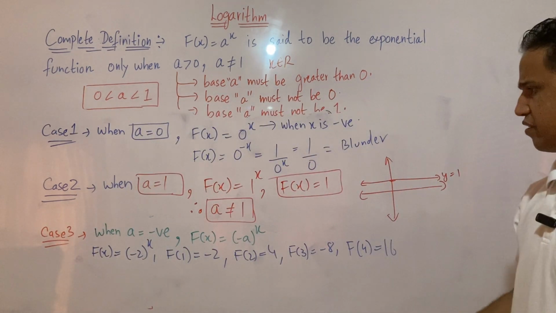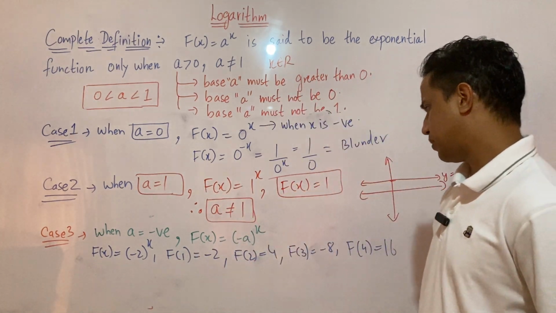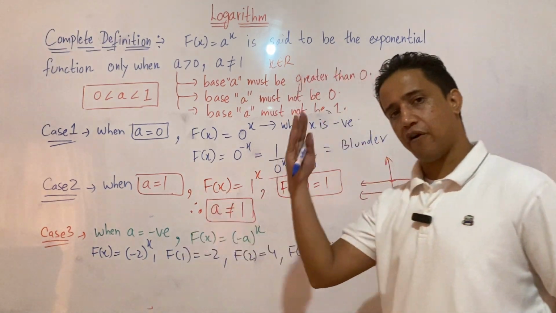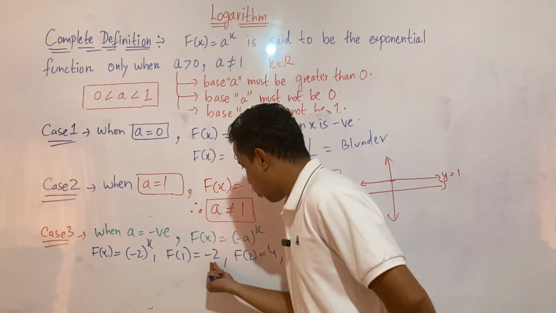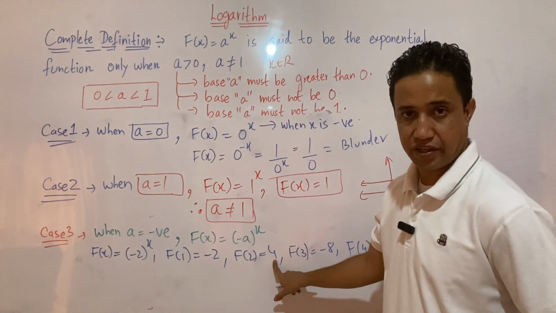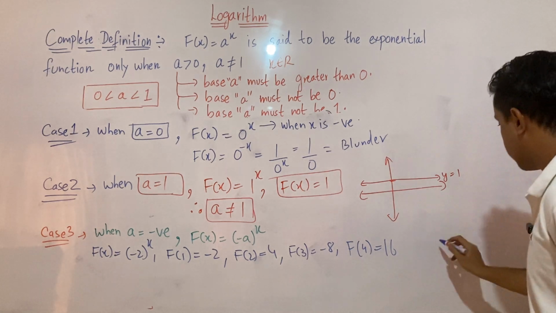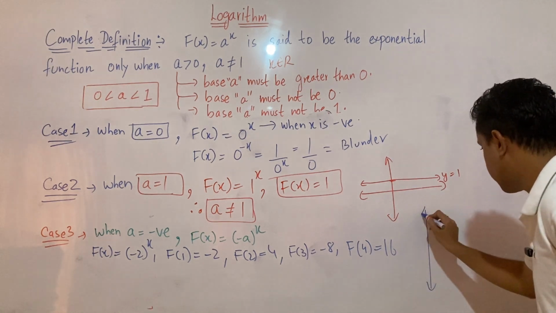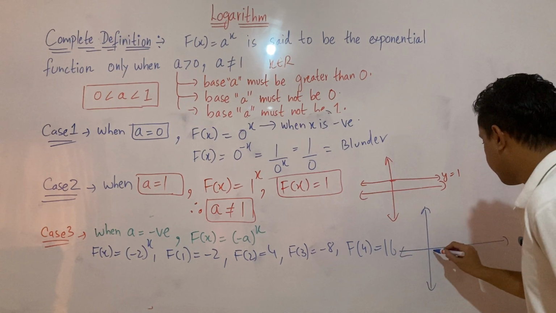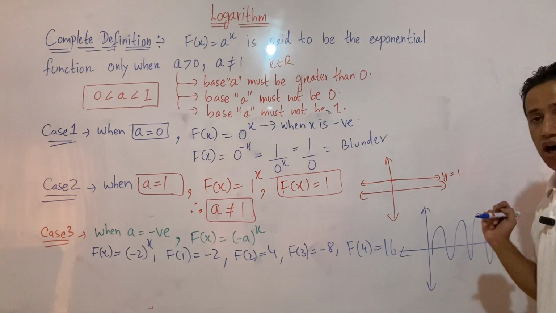Now you can see, as x is increasing, the value of y for one point on the x-axis is negative, then the next point it's positive. The values are oscillating.